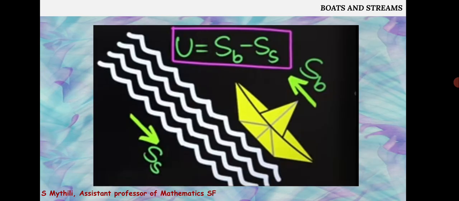See here, water is flowing downwards and the boat is traveling against the stream. So, the upstream is equal to speed of boat minus speed of stream. So, from this, in downstream the speed is going to increase and in upstream it is going to decrease.